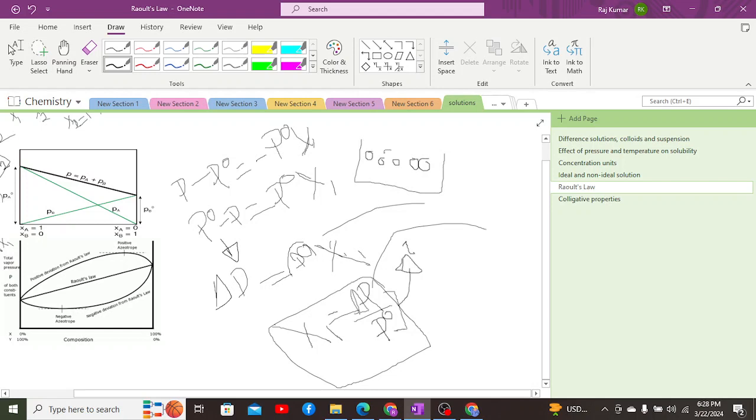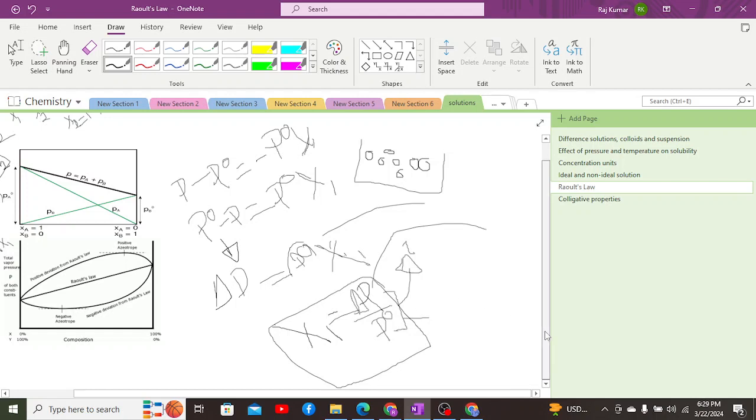Equimolecular concentration of solute in the same amount of solvent will have the value of relative lowering in vapor pressure as constant, because relative lowering in vapor pressure only involves the vapor pressure of the pure solvent as well as the vapor pressure of the solution. So we can say that relative lowering in vapor pressure is only dependent on the concentration of solute.